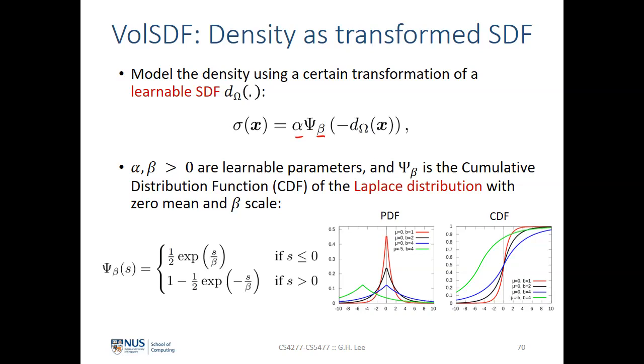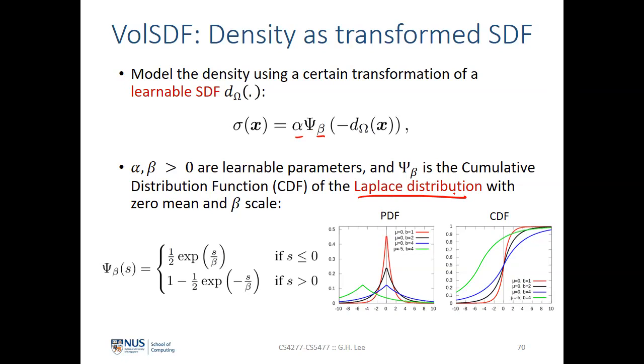They show that this can be the cumulative distribution function, CDF, of the Laplace distribution. So if you input the signed distance function inside this CDF of the Laplace distribution, then you convert it into a volume density.